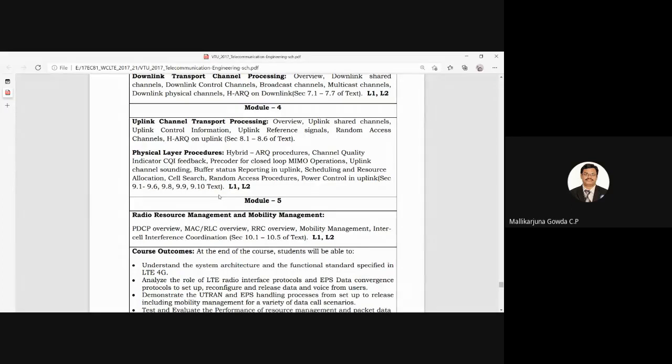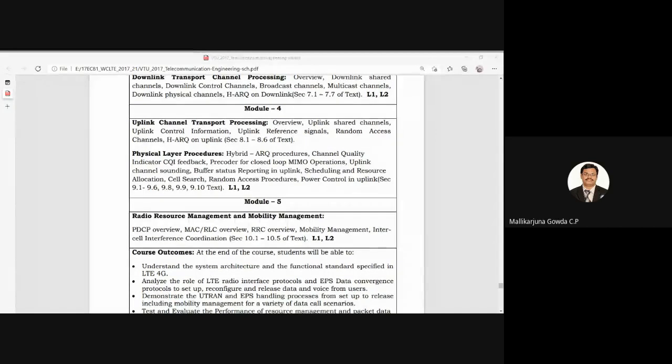How many layers are there? I expect an answer for this. OSI layers. 7 layers, right? Yes, Mailaram, can you say what those 7 layers are? Shreyas said it has 7 layers. Is it possible to mention the names of those 7 layers?